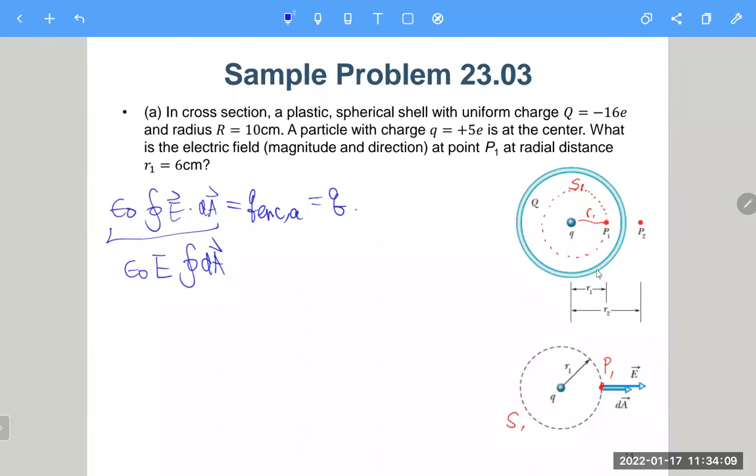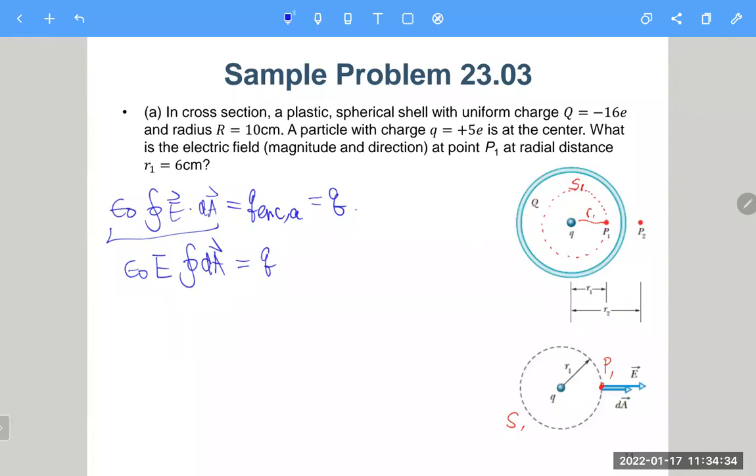The charge distributed on the outer spherical shell should also be uniform, so the E field on this Gaussian surface should also be uniform. So we can just have E dot dA be E dA and factor E outside. So this equals q.